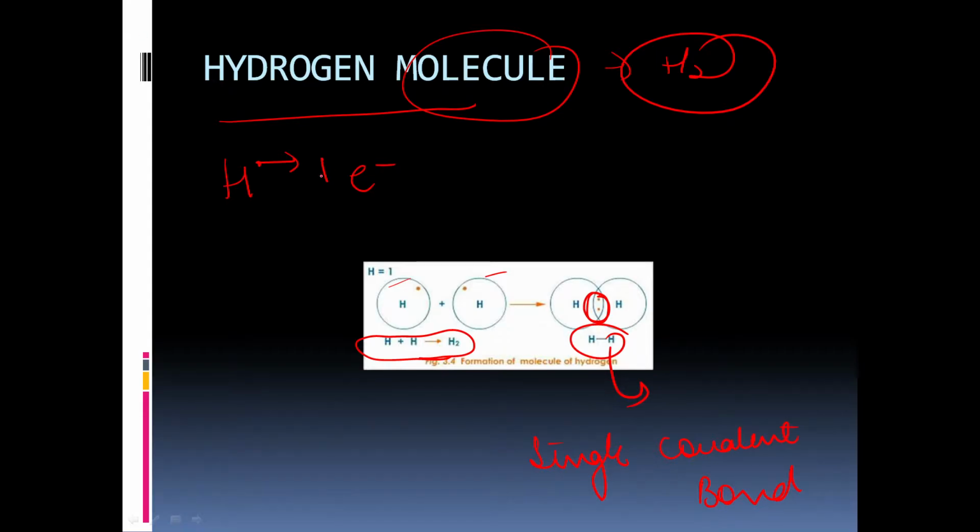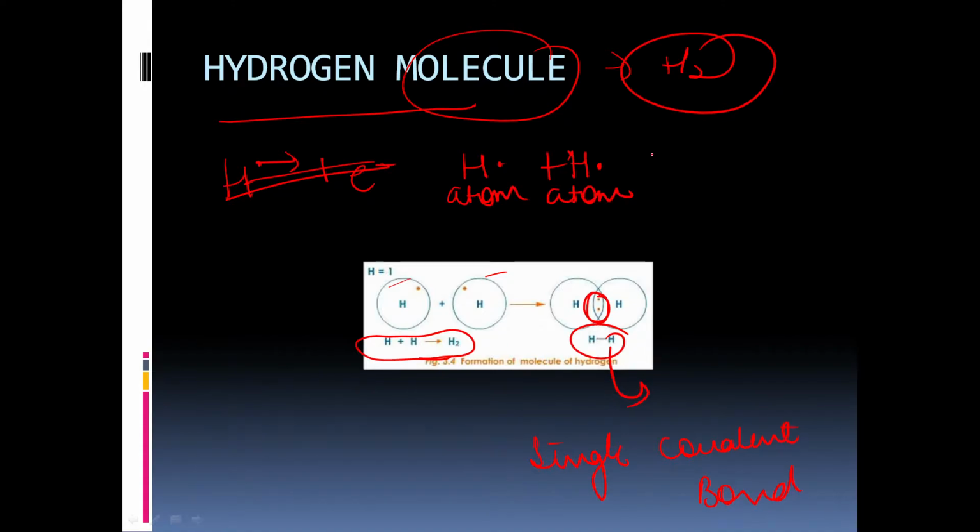Let's take that we have one hydrogen atom that has one electron, plus another hydrogen atom that has another electron. These are the valence electrons. Valence electrons means they have only one electron in the valence shell. This is an atom, this is the second atom.